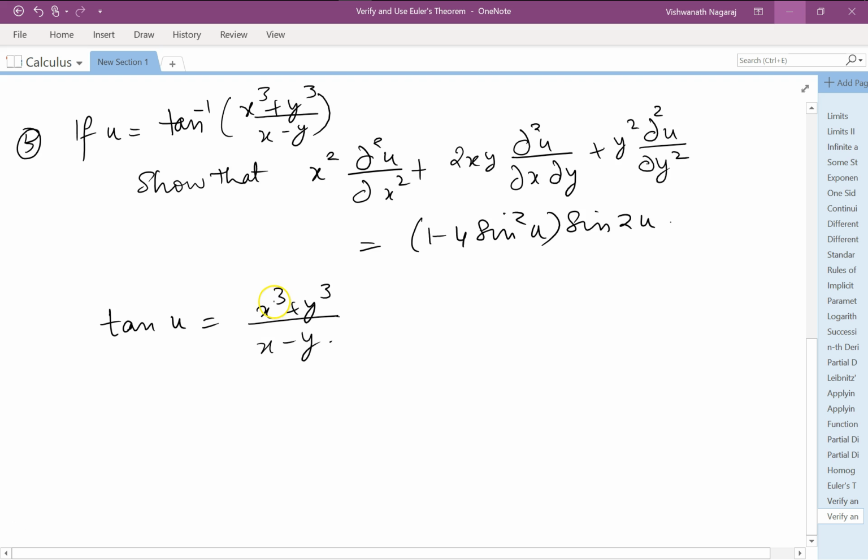So x cube by x is x square, which means that it is a homogeneous function of degree 2.